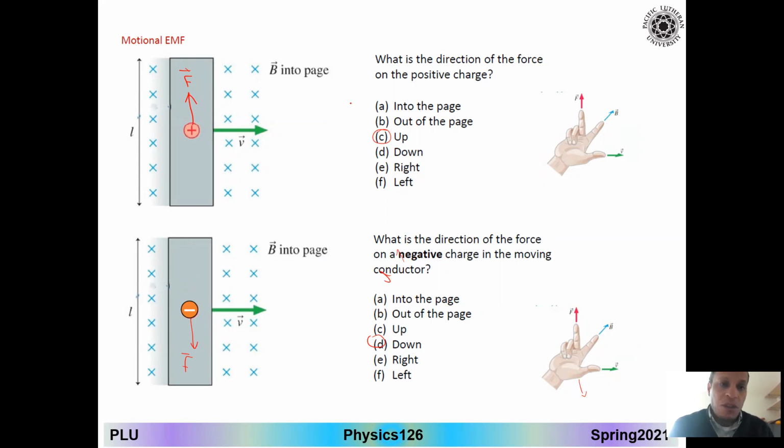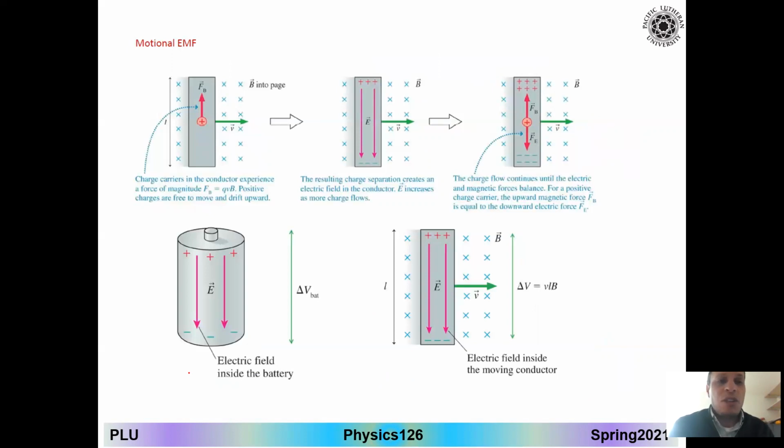So now we see that any positive charge will go up, and any negative charge will go down. That's what we call the motional EMF. If you generalize to single positive or negative charges, all the positive charges will go up and all the negative charges will go down.